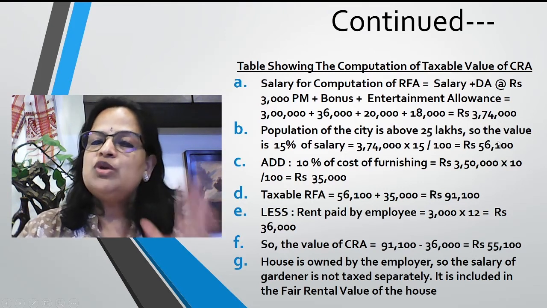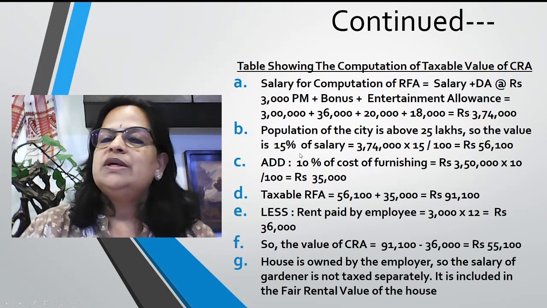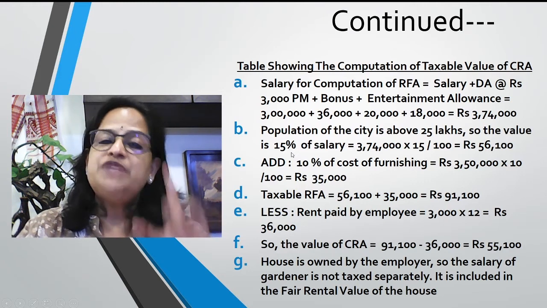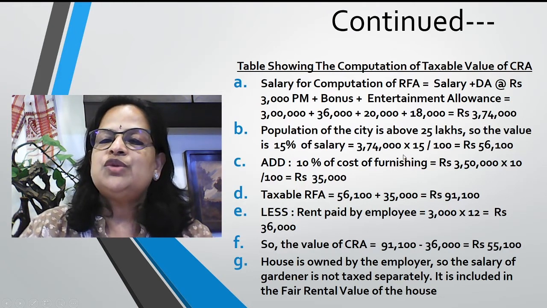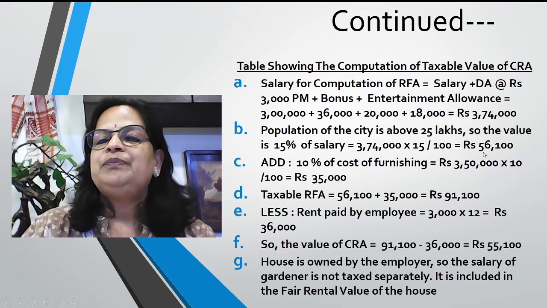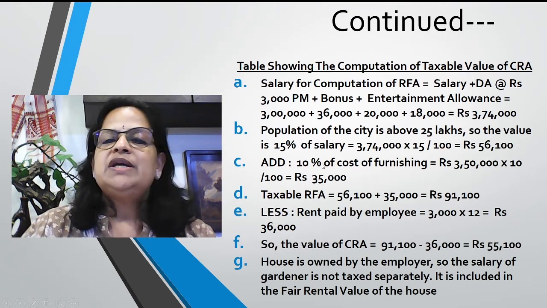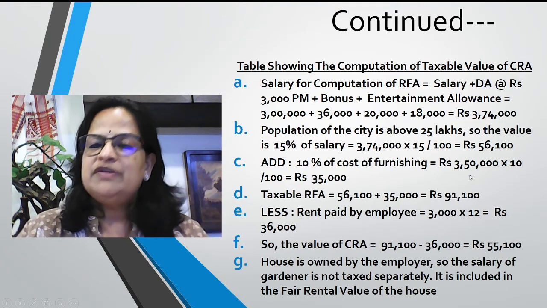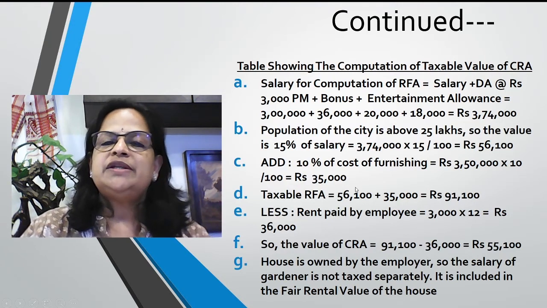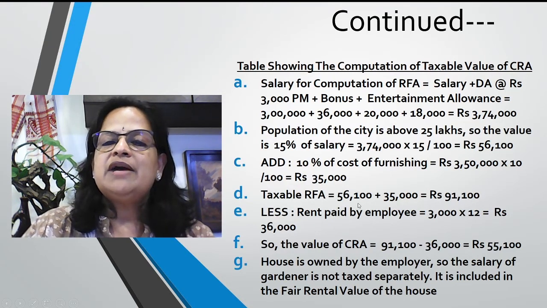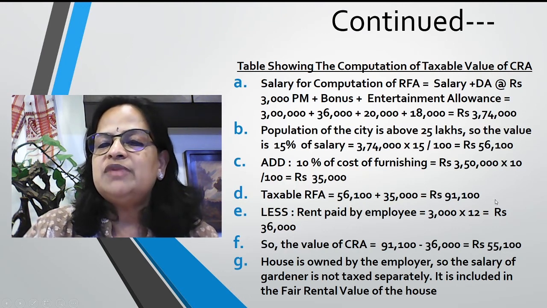Population of the city is about 25 lakhs, so the value of the house, the RFA value, is 15% of salary. 3 lakhs 74,000 into 15 by 100 is 56,100. 10% of cost of furnishing: 3,50,000, this value is given in the question, into 10 by 100 is 35,000. Taxable RFA is 56,100 plus 35,000.